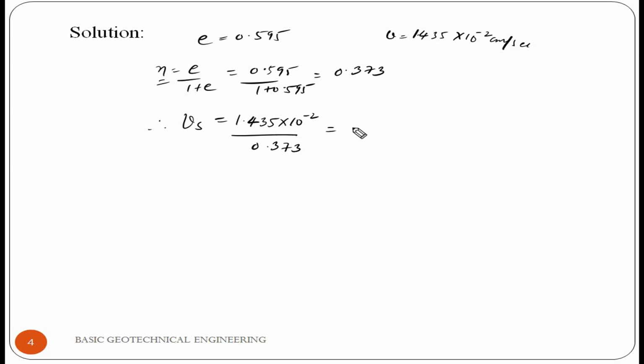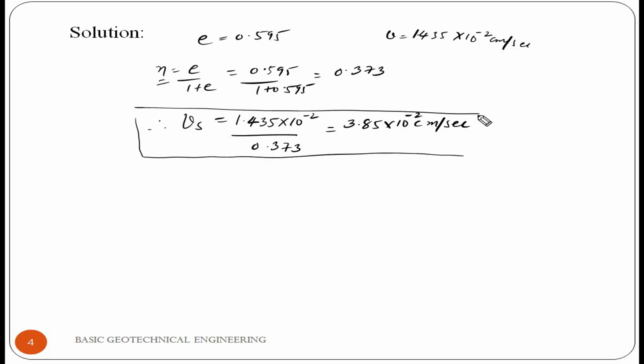So the seepage velocity is coming around 3.85 into 10 to the power of minus 2 centimeter per second. So this is the final value for seepage velocity.